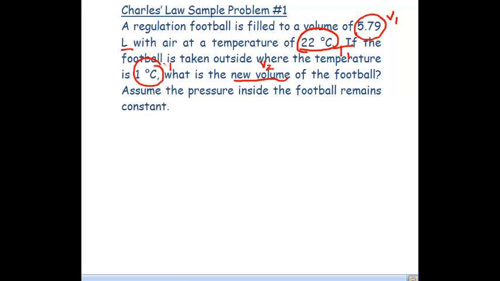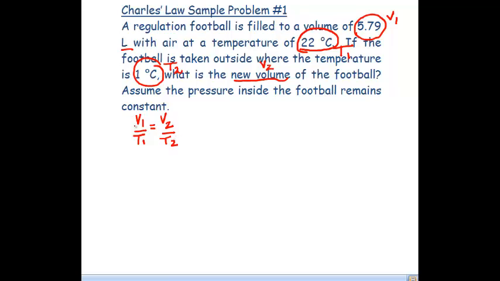Okay, at this point, I've got 3 of the 4 variables that are a part of Charles' law identified. I know I'm looking for V2, so let's write the expression. Okay, V1 over T1 equals V2 over T2. All right, I need to rearrange this, which means I'm going to need to move that T2 out of the denominator on this side.